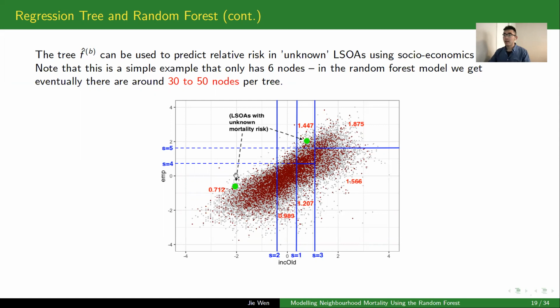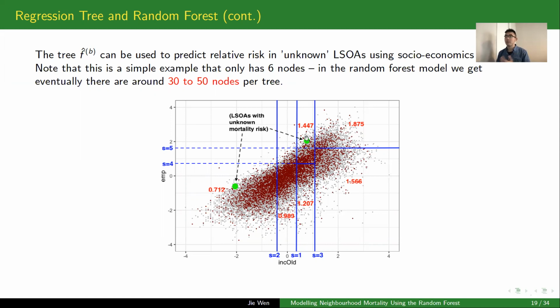Then we can make a prediction on their mortality risk by looking at which node they fall into. For this one, we can make a prediction of 0.712. And for this one, we can make a prediction of 1.447 as the estimate of the relative mortality risk.